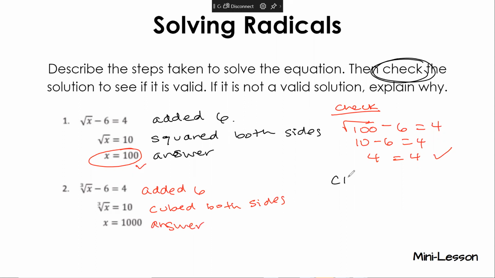So now we're going to check our work. We're going to rewrite the original expression. And instead of that x, we're going to write 1,000.